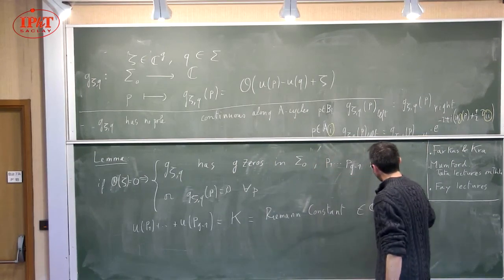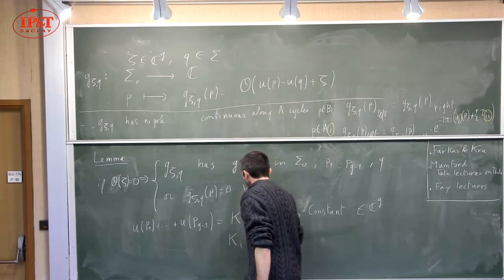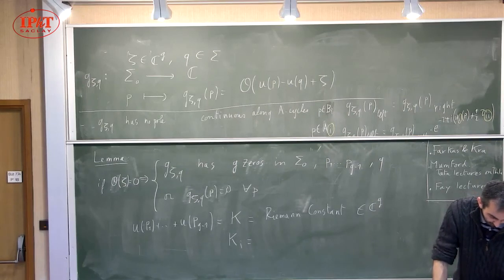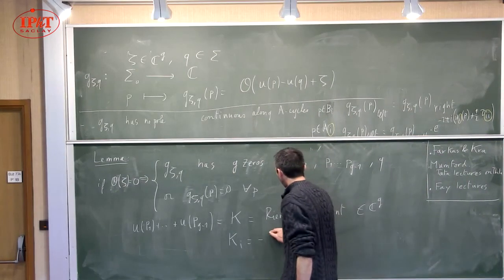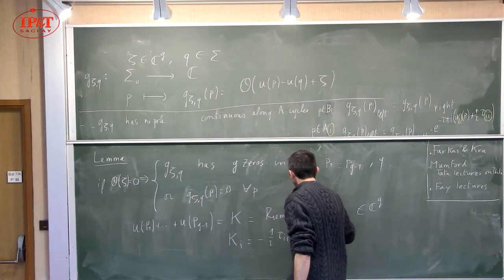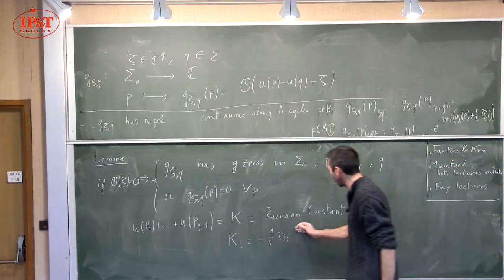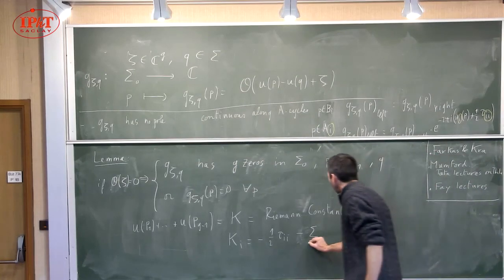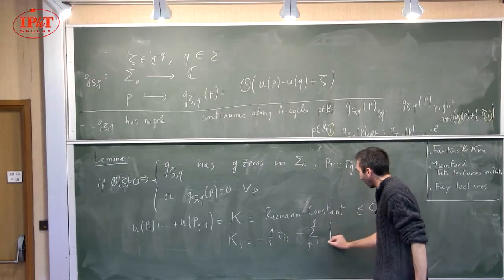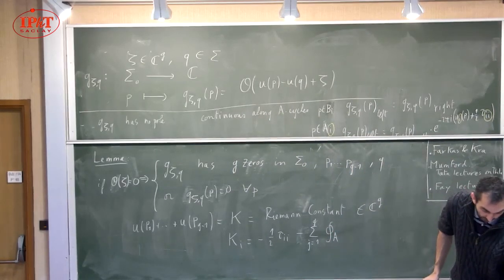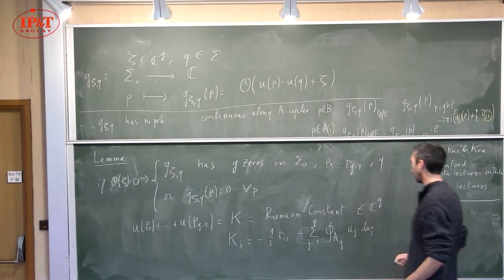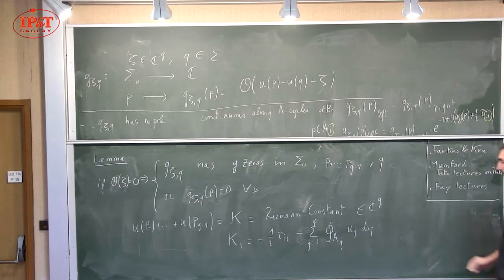So it belongs to C^g, and K_i equals, so the i-th component is minus 1/2 of tau_ii plus the sum over j equals 1 to g of the integral over a_j of u_j du_i. Just a certain constant. So that's my lemma.